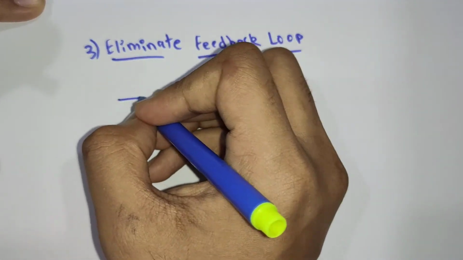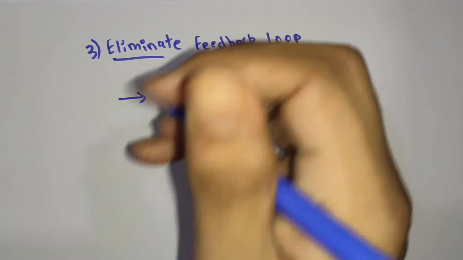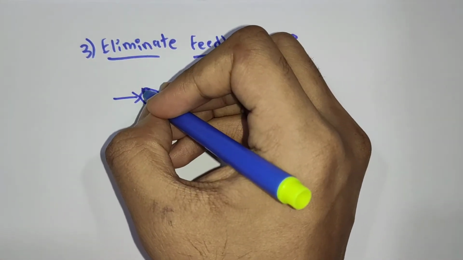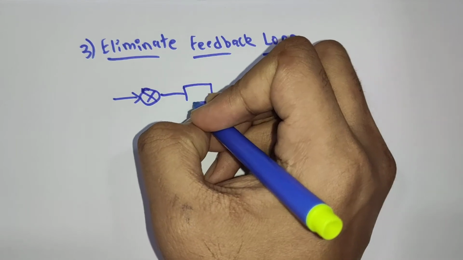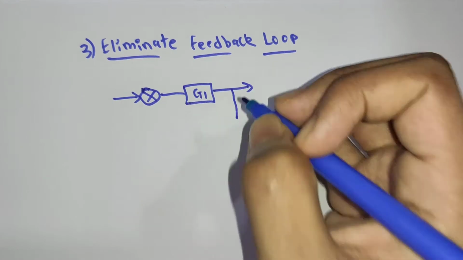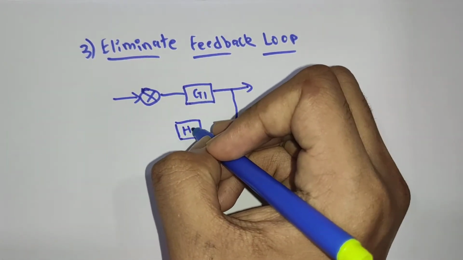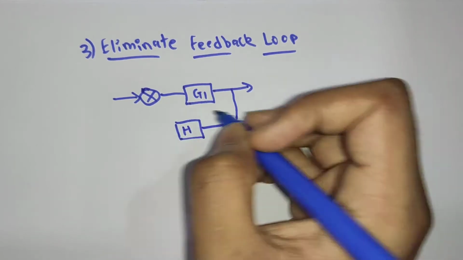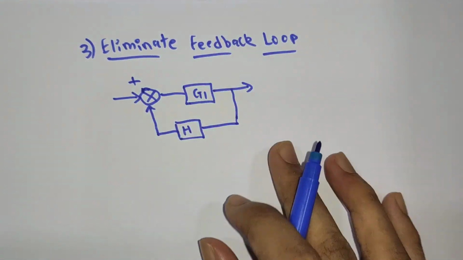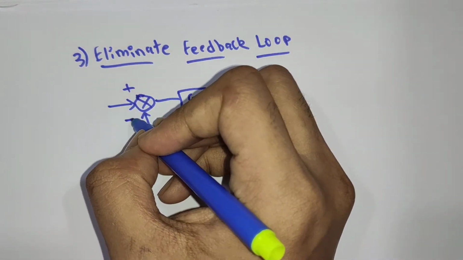Let's take a summing point, and here a block G1, and here will be the output. From the takeoff point there is a feedback block H, and the sign is positive.